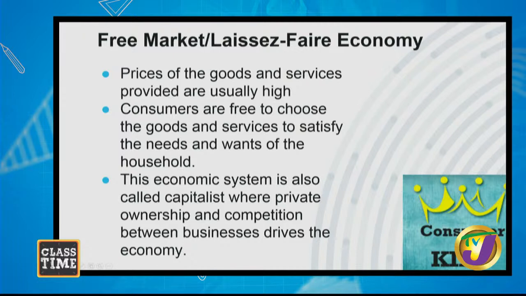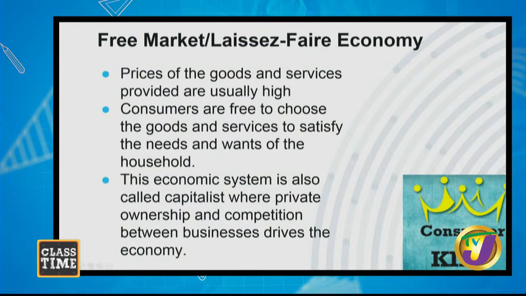Under this system also, consumers are free to choose the goods and services to satisfy the wants and needs of their household, right? So they have choices here. In the previous economic system, under the plan or the command system, there was little to no choice. The government dictates. But here, private individuals are involved in the production and they are going to offer consumers a wide variety of goods and services to choose from.